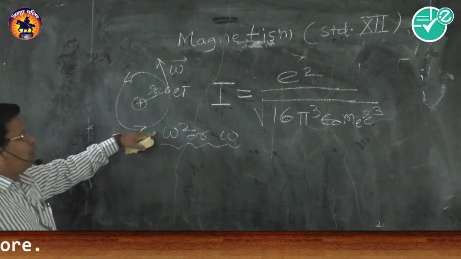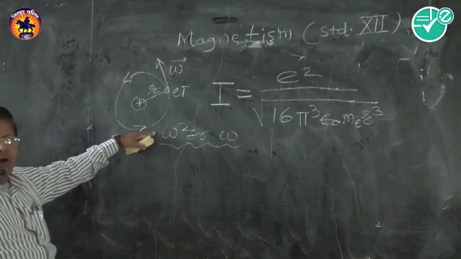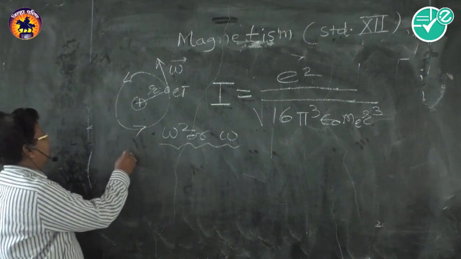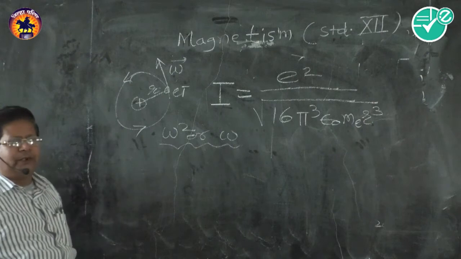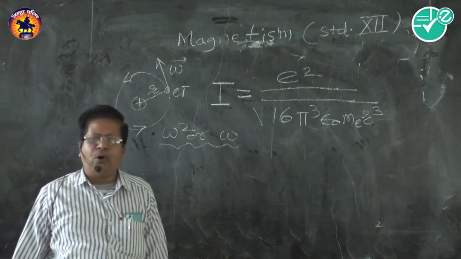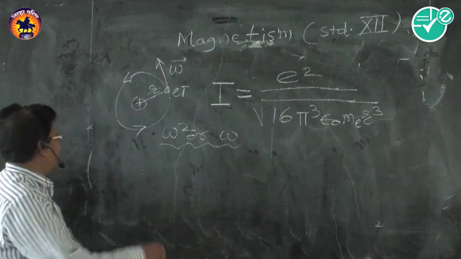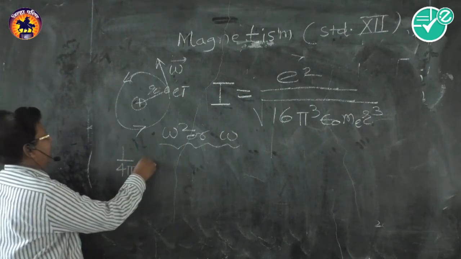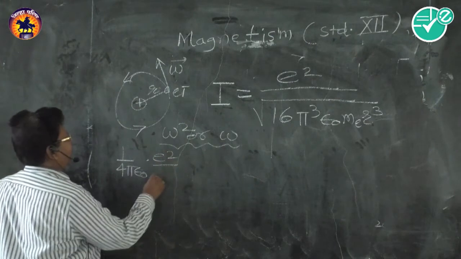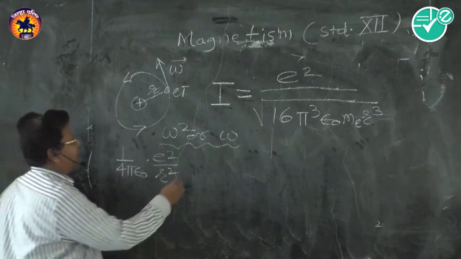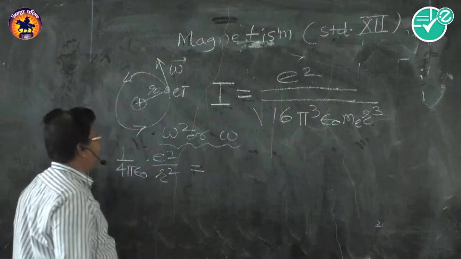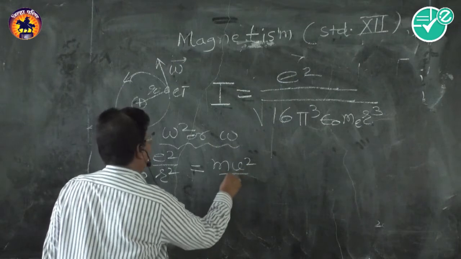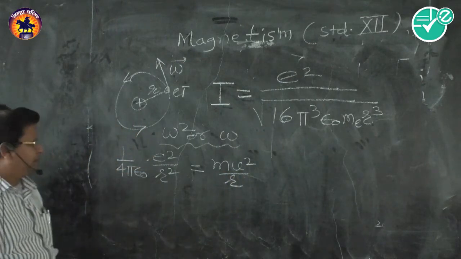Then to find the value of this omega or omega square, we use the first postulate of Bohr's theory of hydrogen atom. and from that, electrostatic force of attraction, 1 upon 4 pi epsilon 0 e square divided by r square, is equal to centripetal force, that is mv square divided by r.